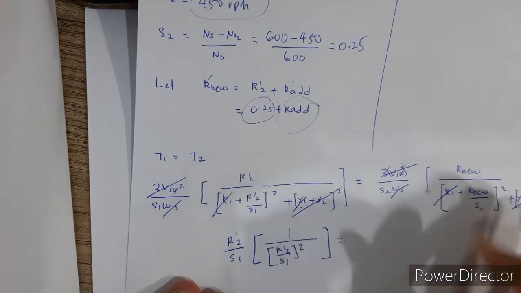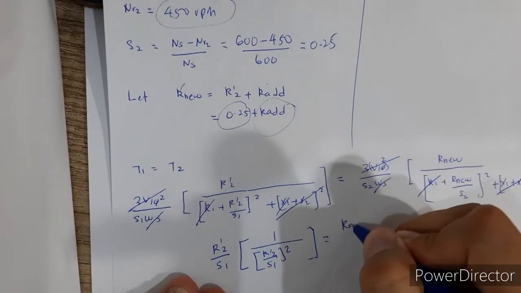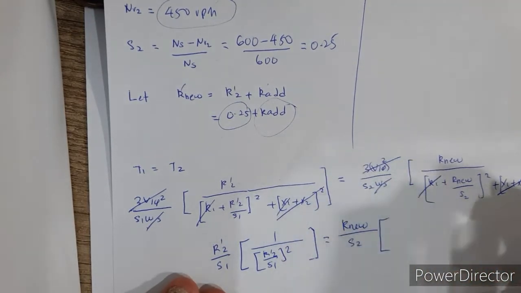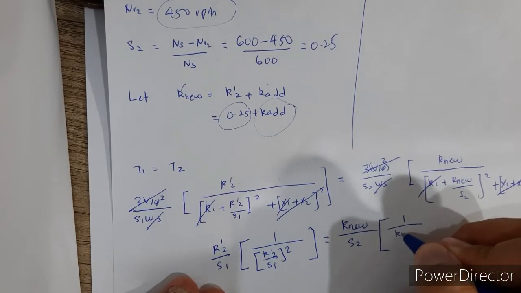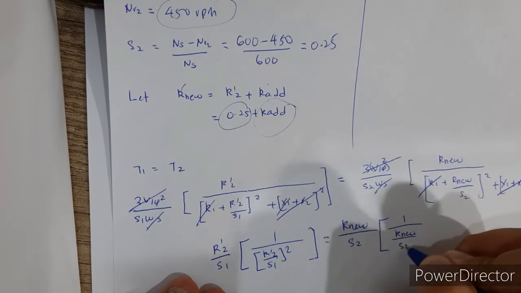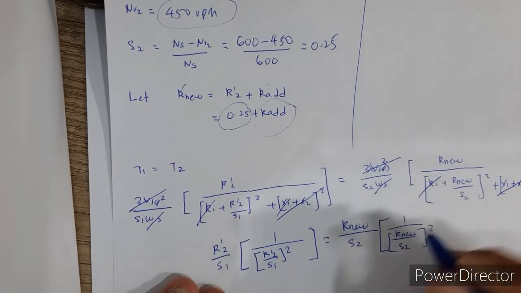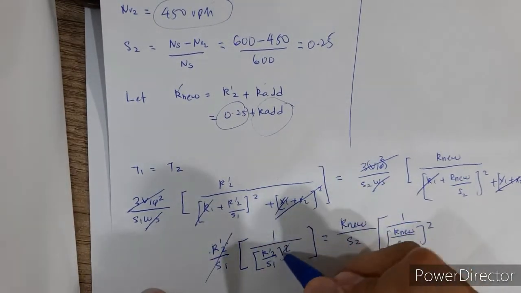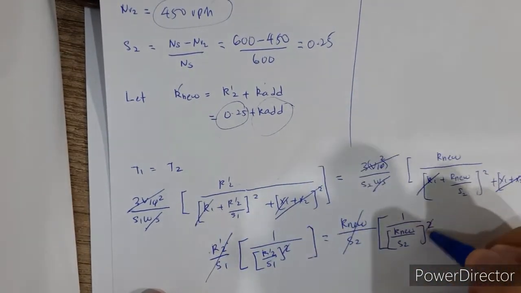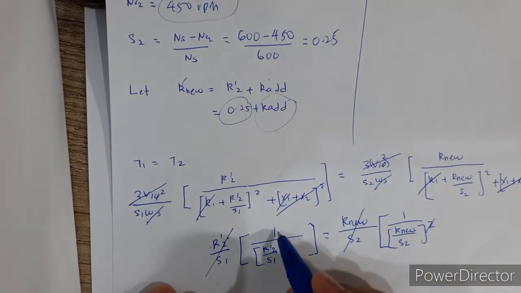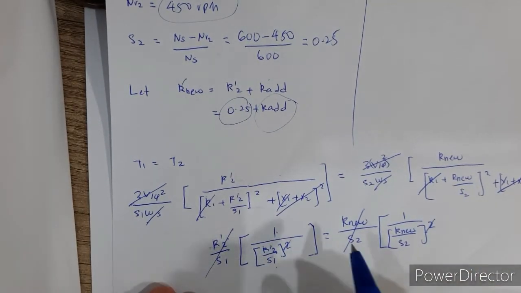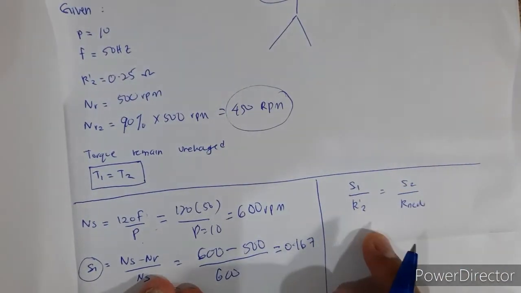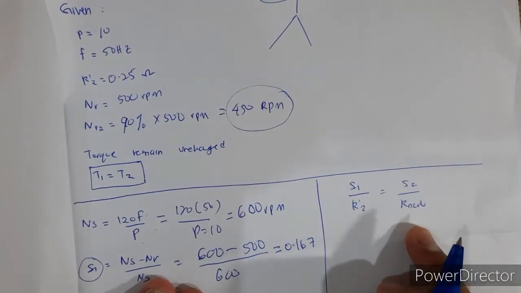And on this side is R new over S2, multiplied by 1 over R new over S2 squared. This part is similar, so we can cancel it out. The remaining is 1 over R'2 over S1, so it becomes S1 over R'2 equals S2 over R new.